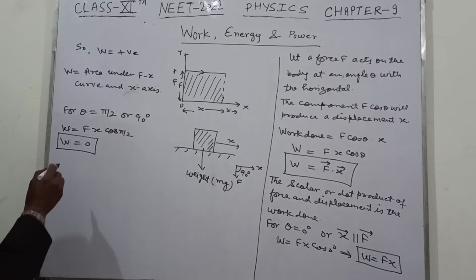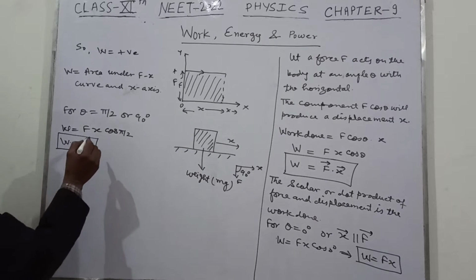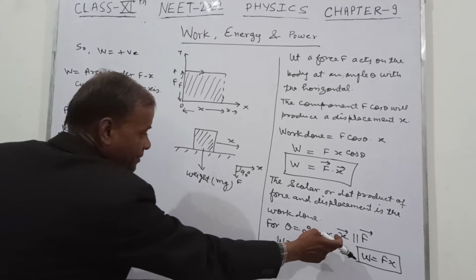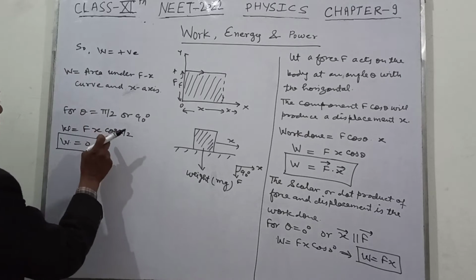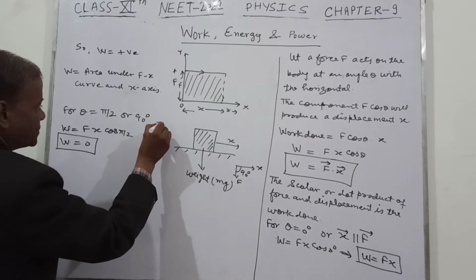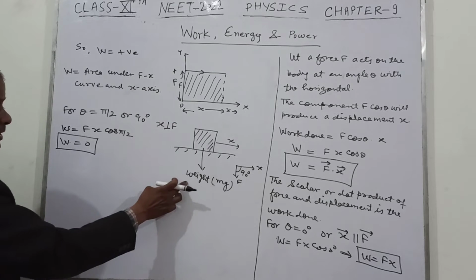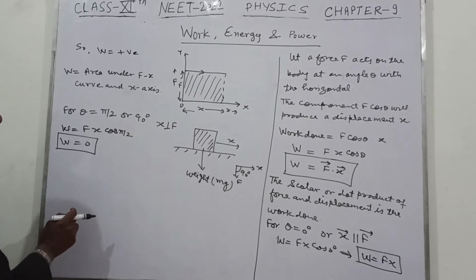So it means that now here we have x parallel to F, and in this condition here we are having x perpendicular to F. So the work done by the weight is equal to 0.